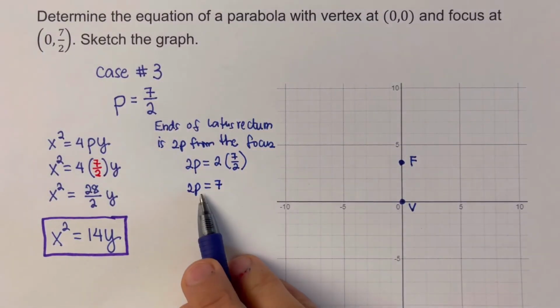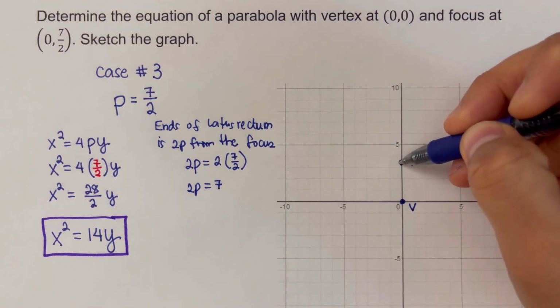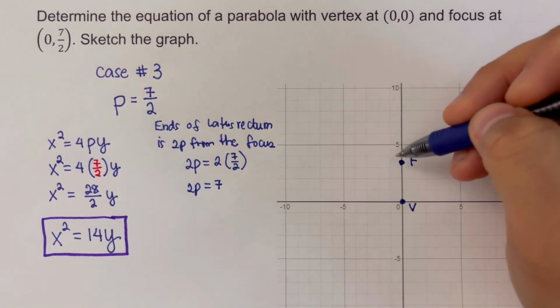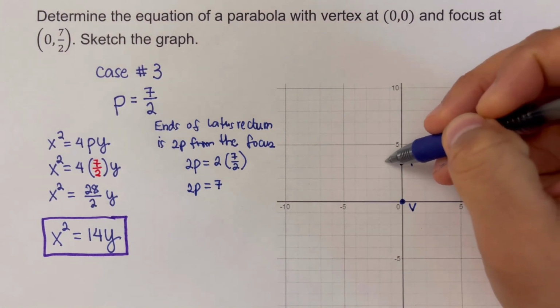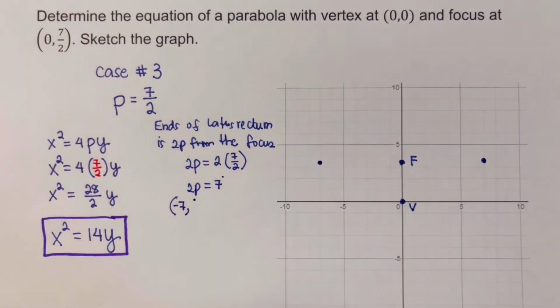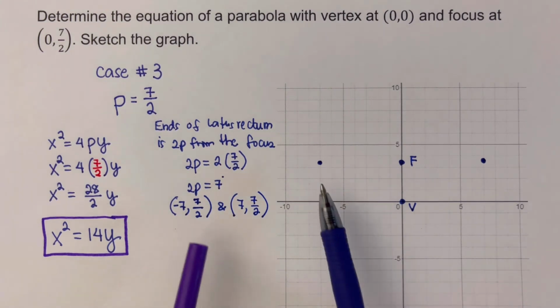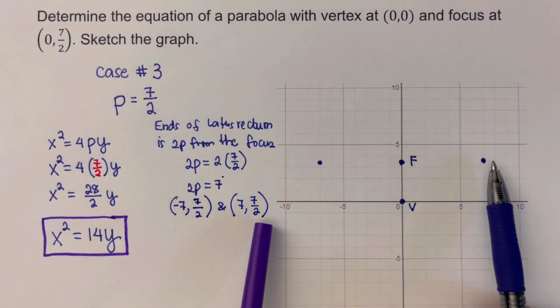So the value for 2p is 7. So this tells us that the first end of the latus rectum is 7 steps to the left and 7 steps to the right. So this is how it's going to look like. So these two right here are the ends of the latus rectum.